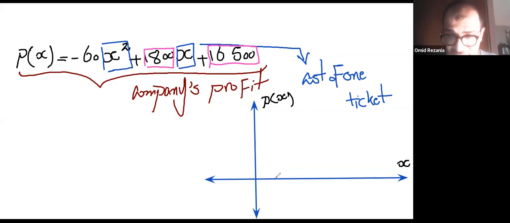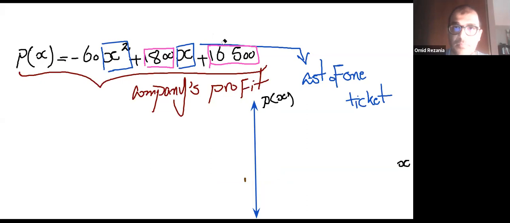I saw that there are 2 points where the plot is going to be 0 at the x-axis. I know one of them is going to be, for example, here. For example, one of the points where we intersect the x-axis is going to be this.